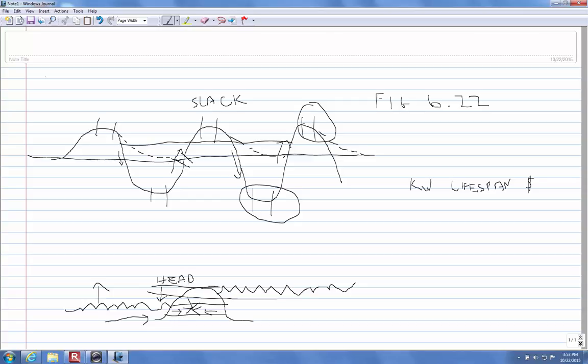Now what about ocean currents and ocean streams? How do they work? Any idea? Can you think of any ocean currents right offhand? Well, the big one that we deal with is the Gulf Stream.